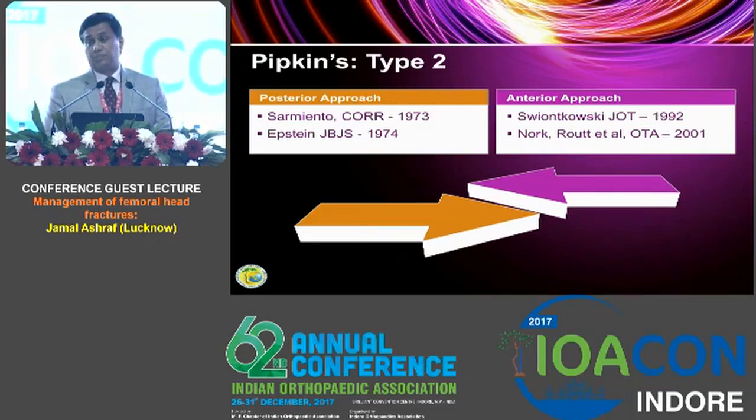And this is presumed to be because the medial circumflex artery anastomoses posteriorly and could be iatrogenically damaged. The anterior approach, in addition to having a lower incidence of AVN, is also preferred since it is easier to approach and fix these fragments, for the majority of these fragments are anteromedial.